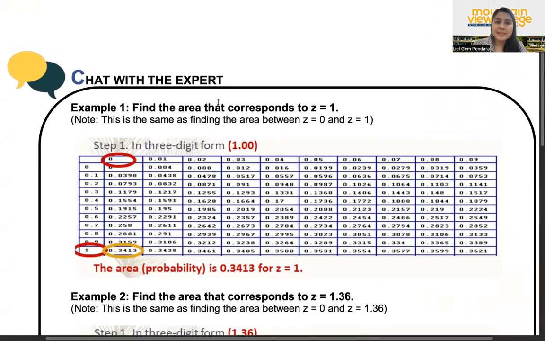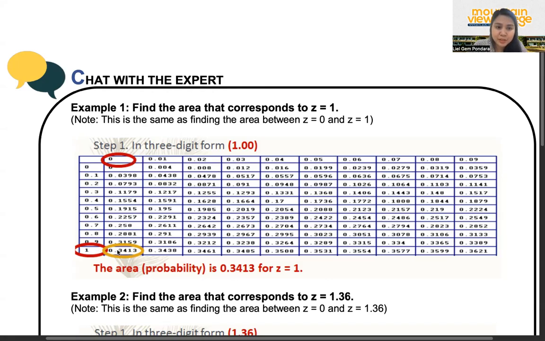Another one, example, you need to find the area that corresponds to Z equals 1. So you make it 1.00 because there are no numbers next to it. The first two, 1.0, find it in the left column there. Then your last is 0.